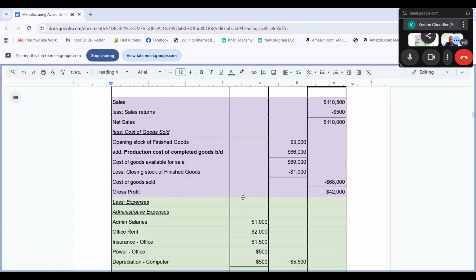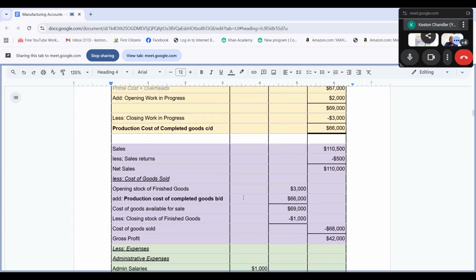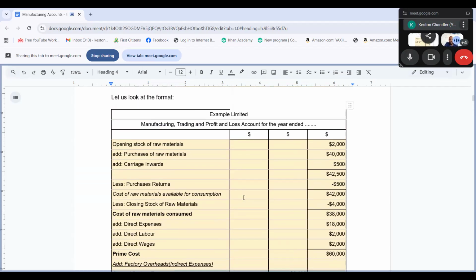So in our manufacturing account, let's just recap what we talked about. We have raw materials, right? That's one type of inventory. We have inventory of work in progress. We have inventory of finished goods. Everybody all right with that? We talked about direct expenses and indirect expenses.